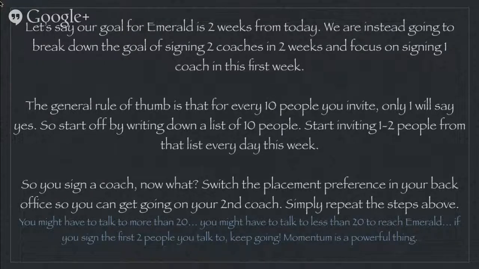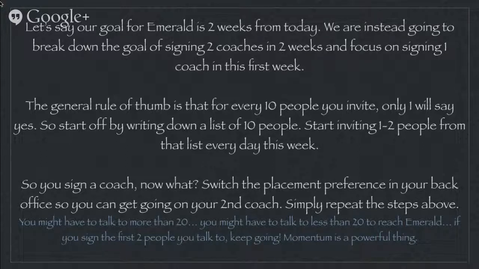So obviously, the more people you talk to, the more chances you're going to have of somebody saying yes. So I want you to start off by writing down a list of 10 people. Now start inviting 1 to 2 people from that list every day this week.